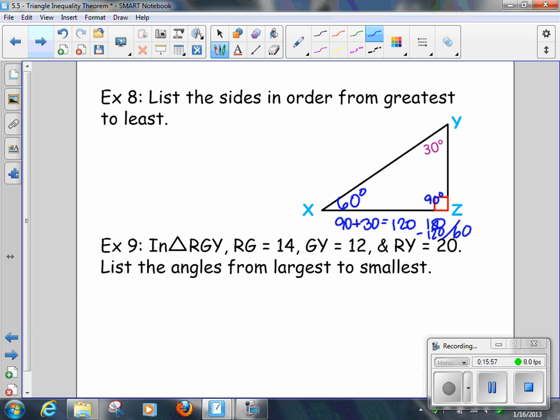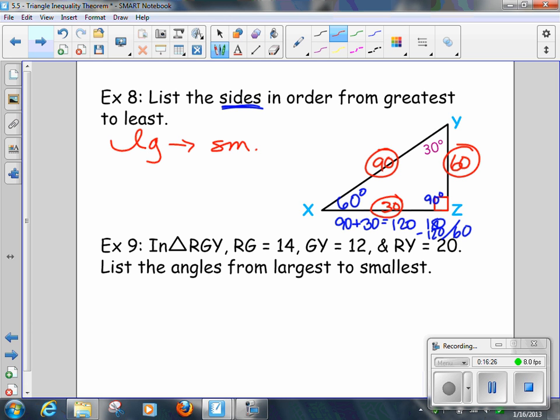And are we listing the sides or the angles? Sides. So what side am I going to associate 60 with? YZ. What side am I going to associate 30 with? And then 90 is the hypotenuse, right? And we're going in what order?